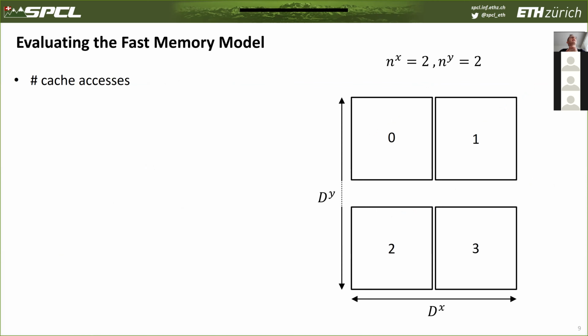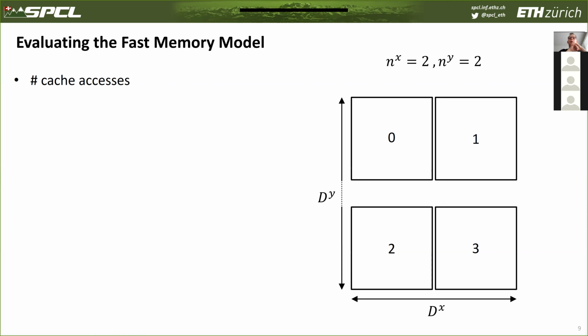So how do we now compute the lowercase p and b? In case of the fast memory model, these are the number of cache or fast memory accesses. The idea is here that we have our domain, and for Absinthe, the domain size needs to be constant at compile time. So the uppercase D's define the size of our domain.